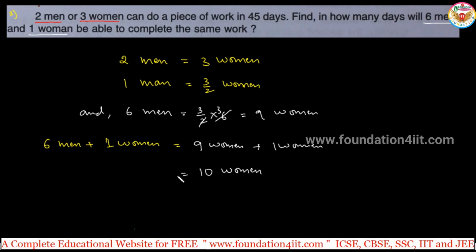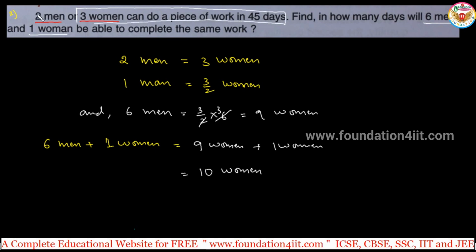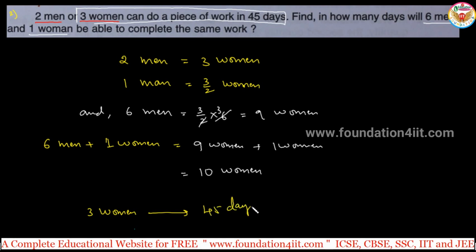Since 3 women can do the work in 45 days, or 2 men can do the work in 45 days, as per the statement, 3 women can do the work in 45 days.